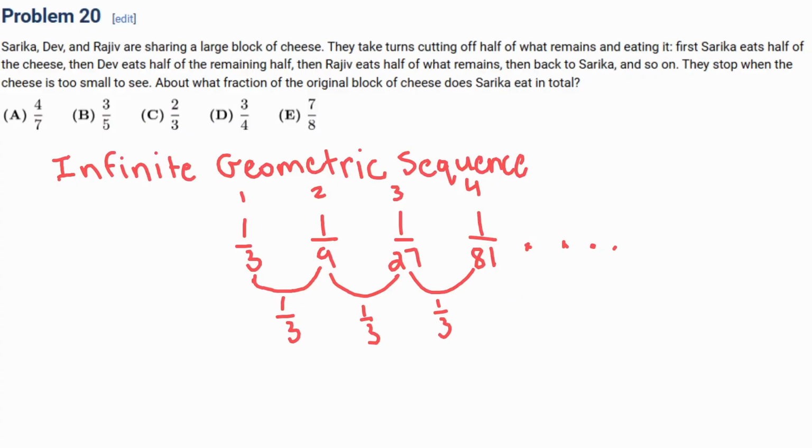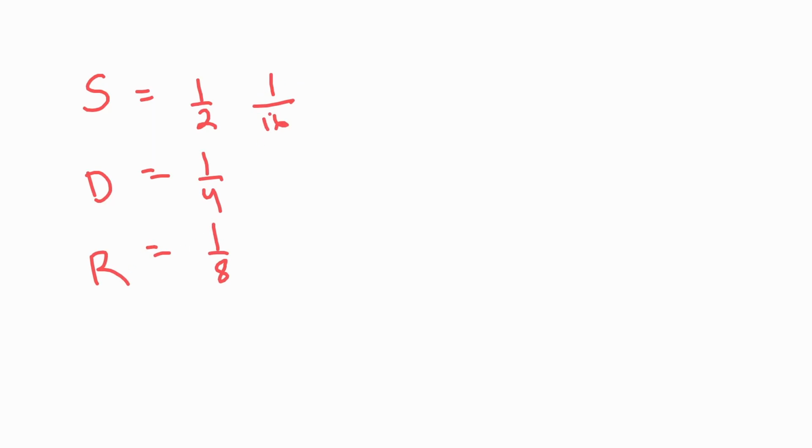So now let's get back to the problem now that we've covered infinite geometric sequences. Let's write out the problem situation. We have Sarika, who eats 1/2, then Dave, who eats 1/4, then Rajiv, who eats 1/8, then back to Sarika with 1/16, then Dave with 1/32, then Rajiv with 1/64.